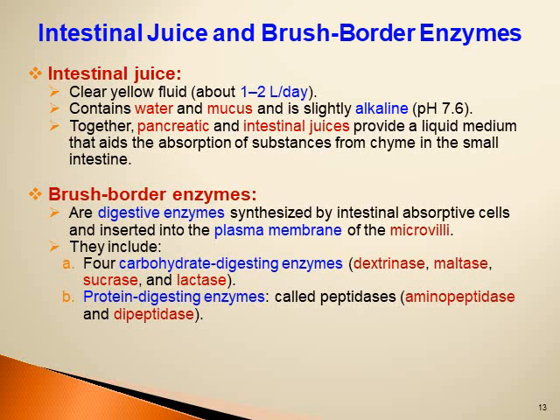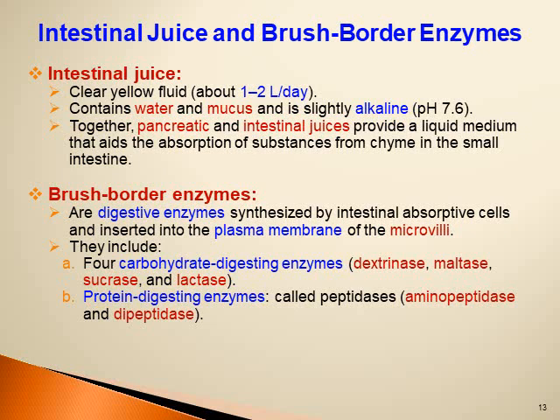If you remember, the pancreatic juice contains carboxypeptidase. As you know, the polypeptide chain has an amino terminal and a carboxy terminal. The carboxypeptidase will clip off amino acids from the polypeptide chain from the carboxy terminal. The aminopeptidase will digest the polypeptide chain starting from the amino terminal.